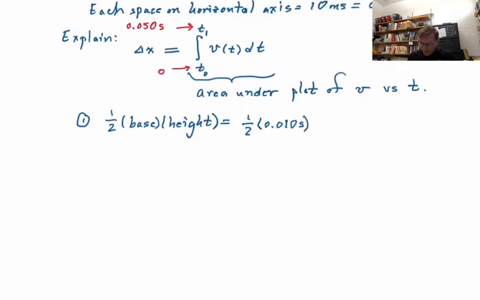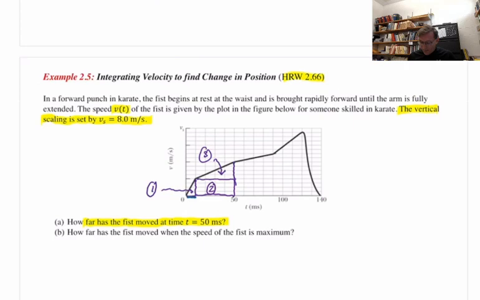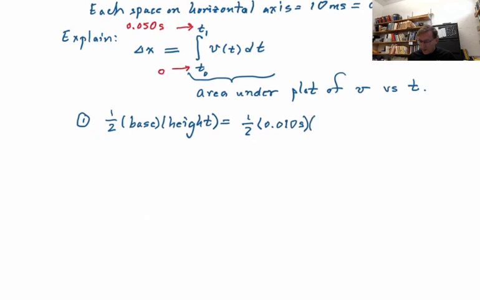The height is right there. Back to the little triangle number 1. The height is vertical, straight up that one side. Now I have to use the velocity grid to get that height. It's 1, 2, 3, 4 little tick marks. Each little tick mark is 0.5 meters per second. 0.5 times 4 is 2. So the height is 2 meters per second.